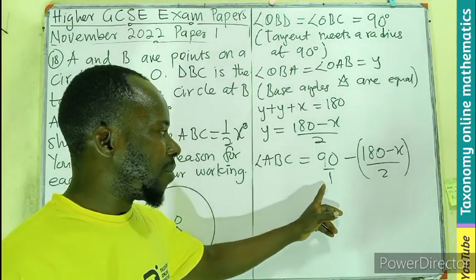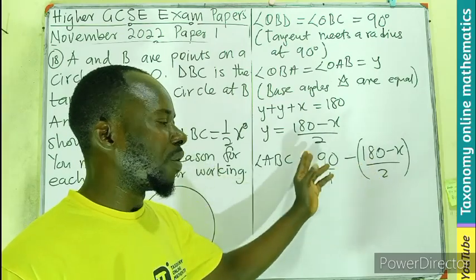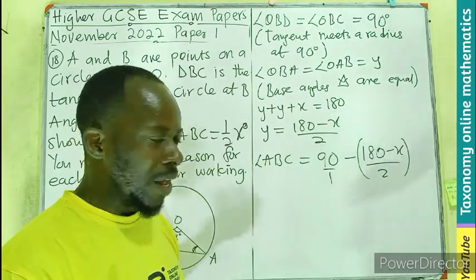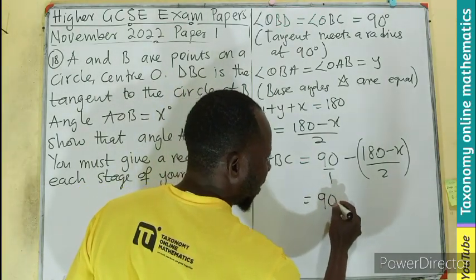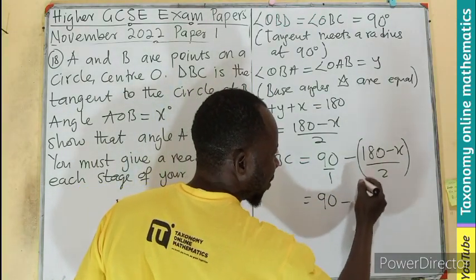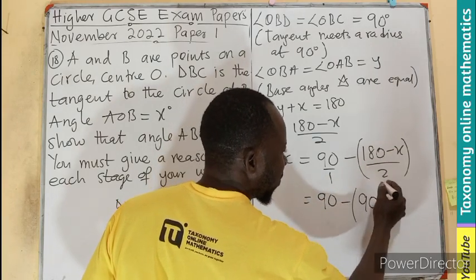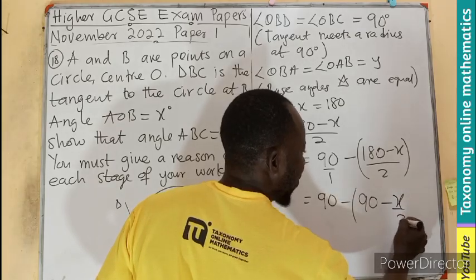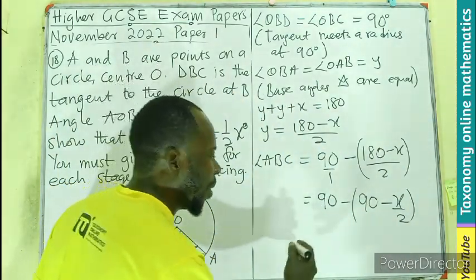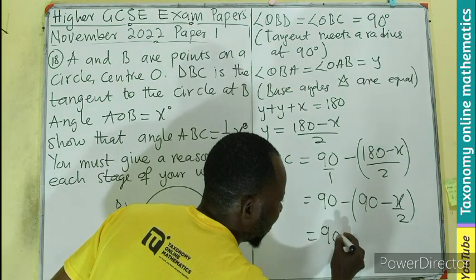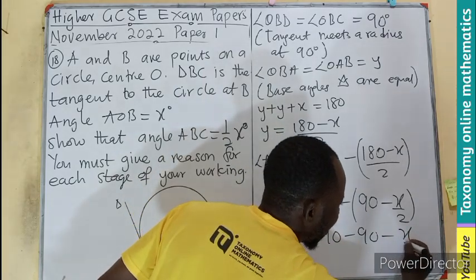So 180 minus 2. Then here, don't forget, this is going to be subtraction of the numerators divided by the denominator. Or I can just split this to have 90 minus (180 minus x) divided by 2. I can split the terms in the bracket, right? Then when I open the bracket, I'll have 90, negative will affect the 90, negative will affect here x over 2.